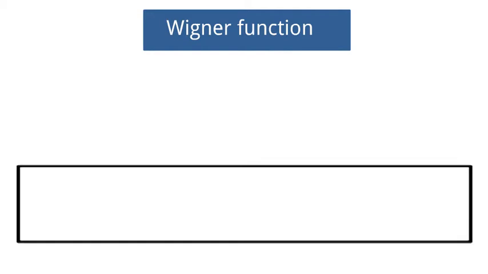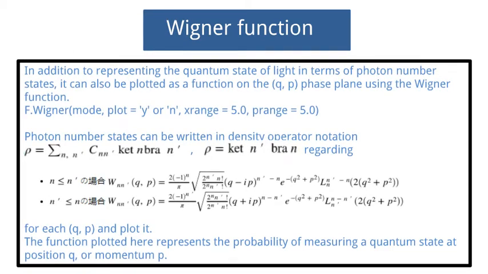Wigner function. In addition to representing the quantum state of light in terms of photon number states, it can also be plotted as a function on the q-p phase plane using the Wigner function.